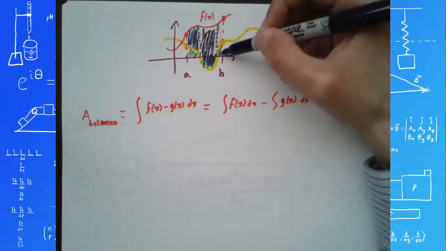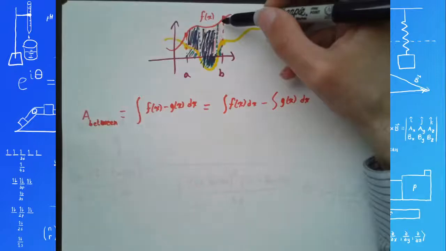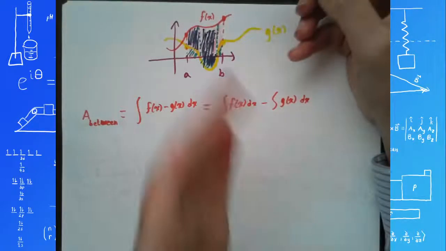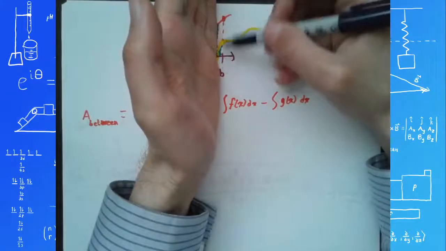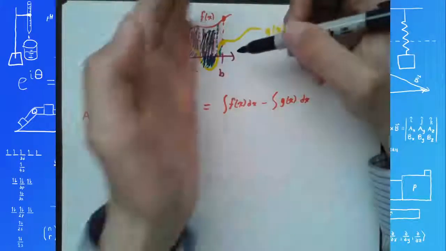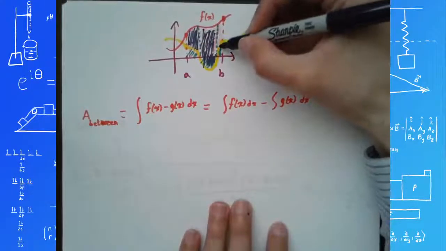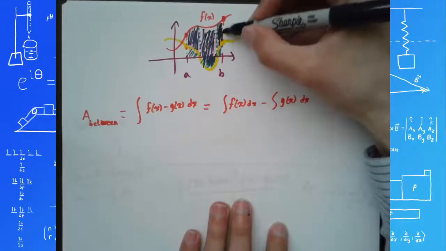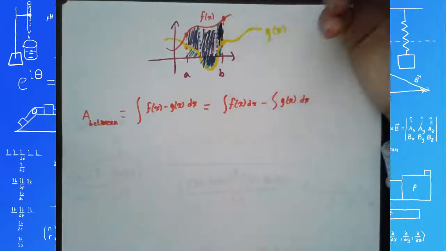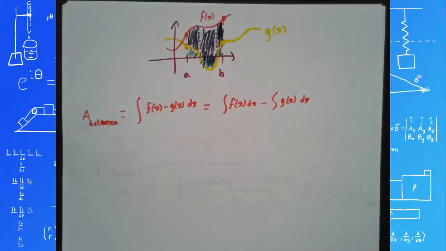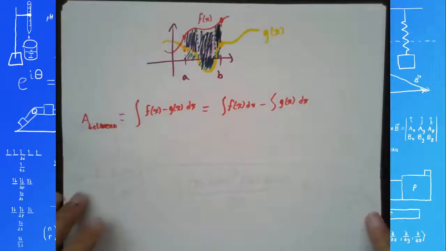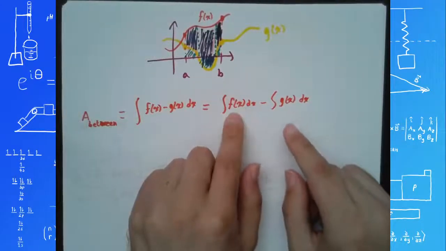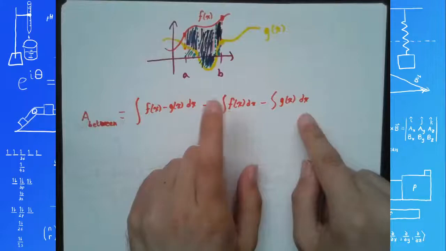So that section is an overlap section, so the integral of f of x would give you all of that minus the integral of g of x, the green, which would give you just the stuff that's above the yellow and under the orange. So yes, the formula for the area between curves does actually make sense. You can think of it as just one integral minus another integral.